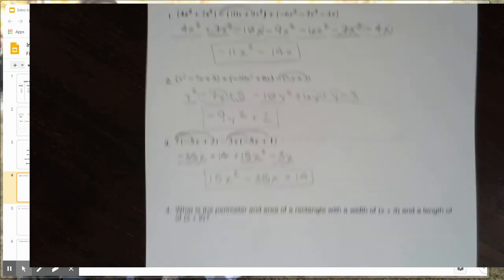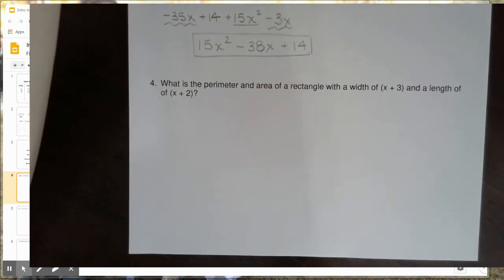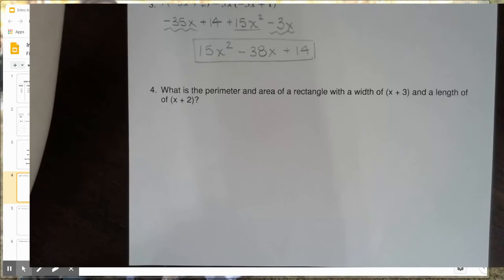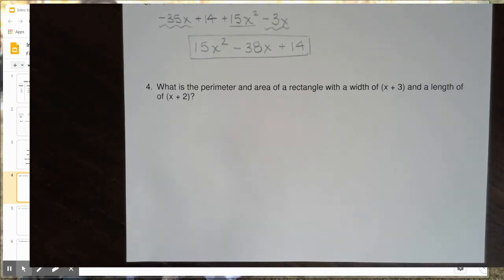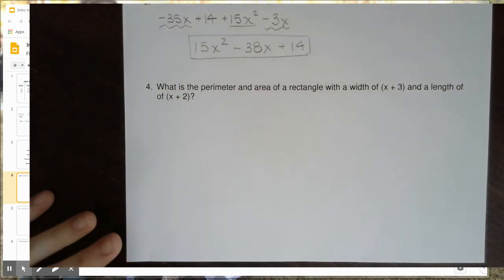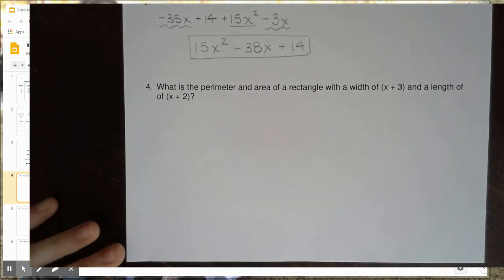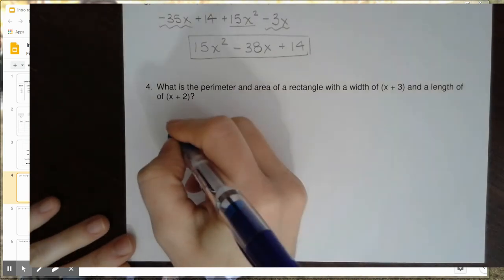Now, when we get into these word problems, one thing I like to do is draw myself a picture because I feel like pictures help our brains the best. So I have a width of x plus 3 and a length of x plus 2.